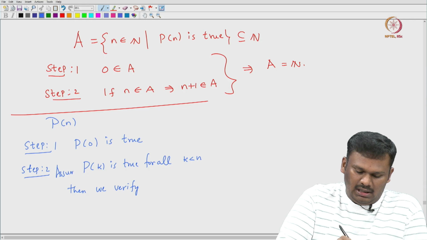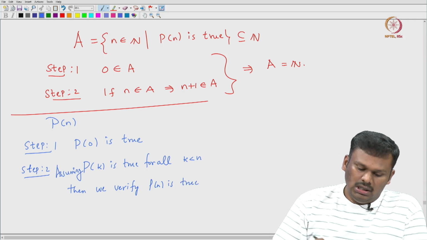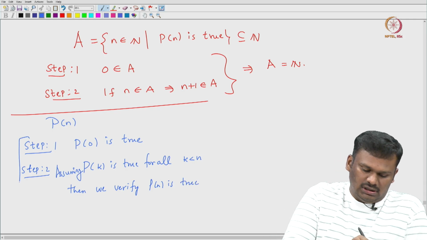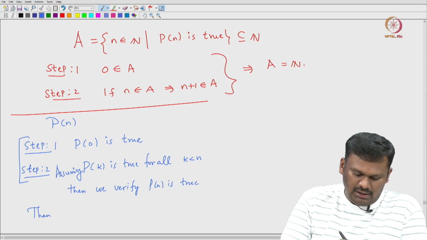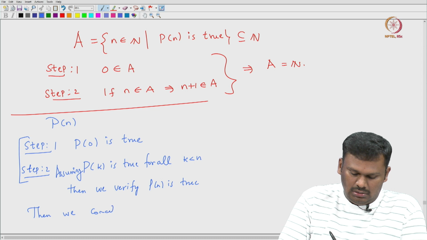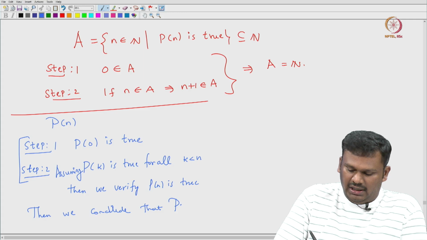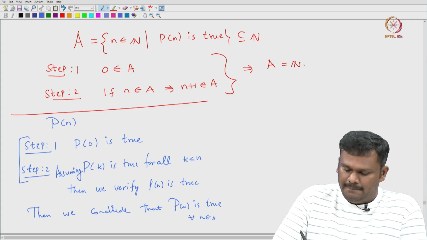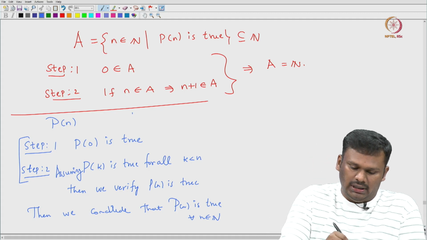Assuming this, we verify that P of n is true. Okay, this is how we use mathematical strong induction. Then we conclude that P of n is true for all n in N. So, this is what we do in mathematical strong induction, and we just call it strong induction.